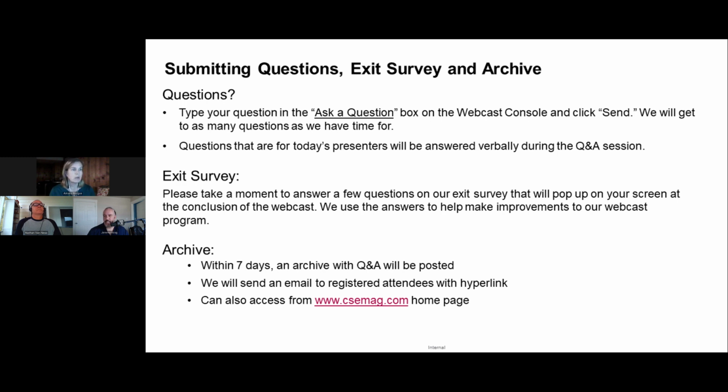First question: is there an average cost per square foot for an installed sound masking system? I'll probably be taking most of these. Yes, the primary issue that we have with giving an exact number for sound masking systems installed is the labor rate for different areas.